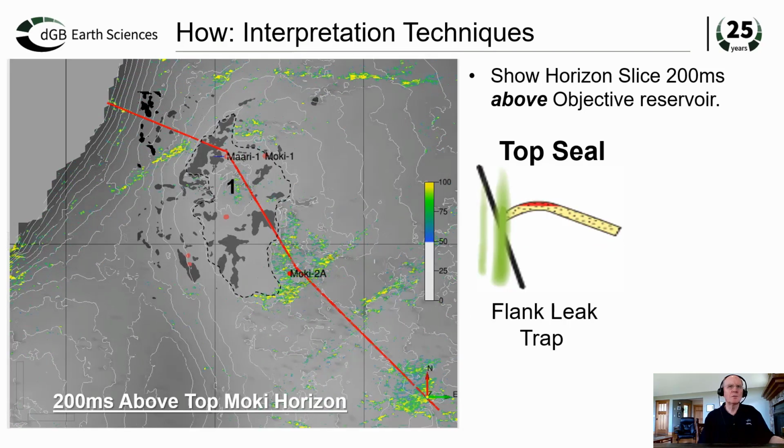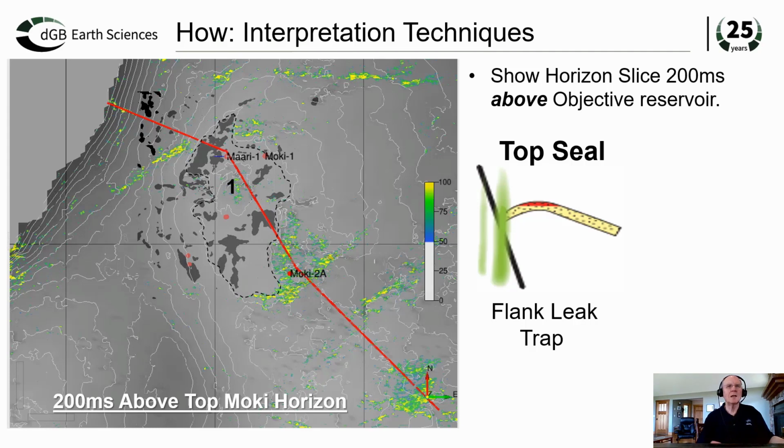To understand top seal risk, we can then show a horizon slice 200 milliseconds above the objective horizon. In this case, chimney number 1 has pretty much died out, indicating that there is effective charge into the reservoir, and also that there is an effective top seal.